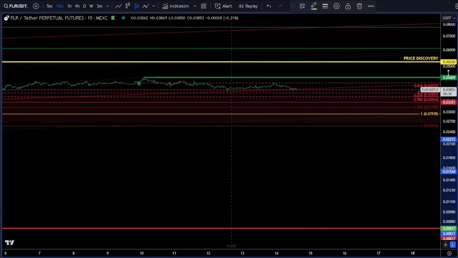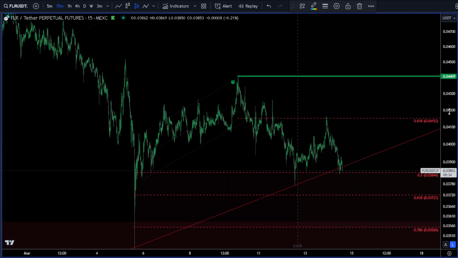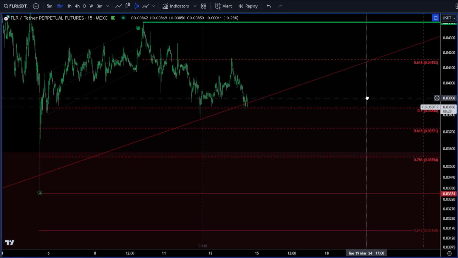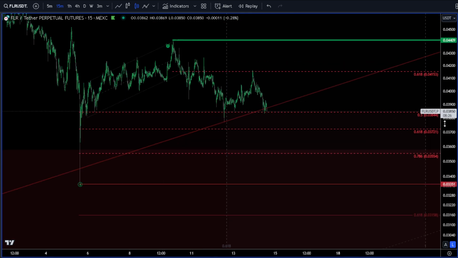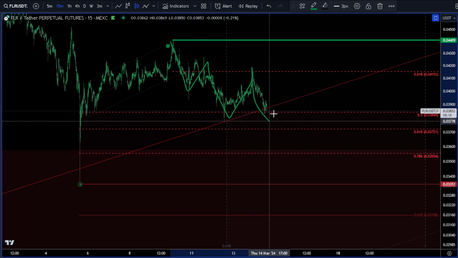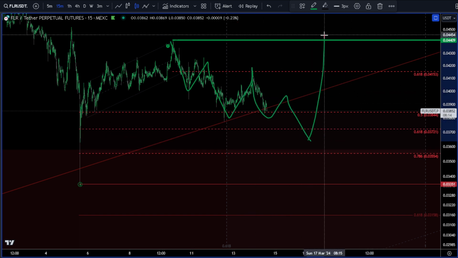So go down to the 15-minute. Again, very difficult count. You can see you can label it as a WXY or as a diagonal. Very much matters what happens here. So I'm either expecting this to make a double zigzag, ABC, X, ABC, and we hold this area and reverse from here.